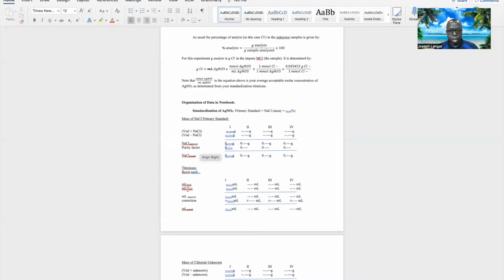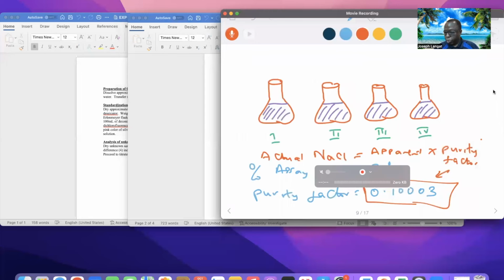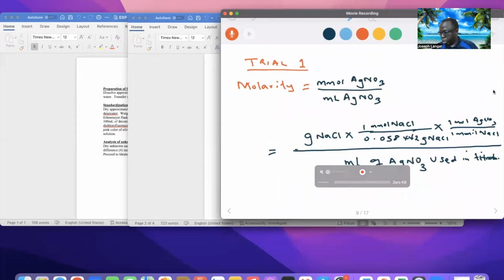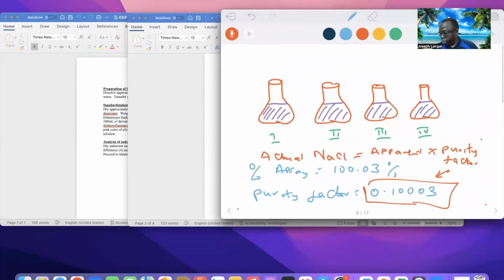This is titration of the standard, which is sodium chloride. Let's say your initial volume on the burette is 0, okay? Your final reading may be, let's say, 30. 30 minus 0 will give you the apparent volume. Let's see your endpoint from this titration.